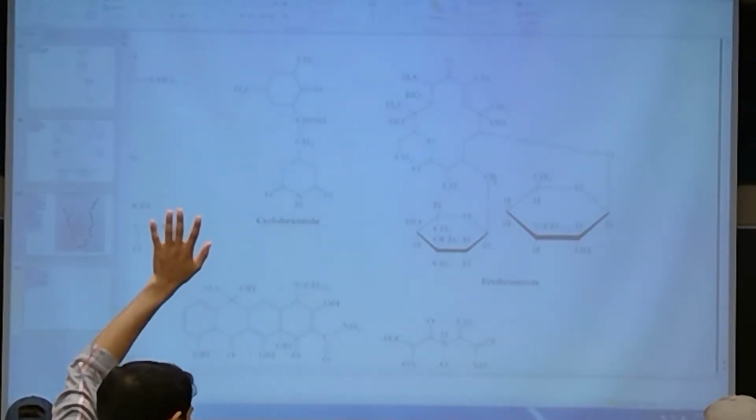So there will be a multiple choice question: what is the mechanism of action of streptomycin? Correct? It inhibits transcription, replication, translation, and so on. If you are working with these antibiotics, at that time you need to know the stuff.